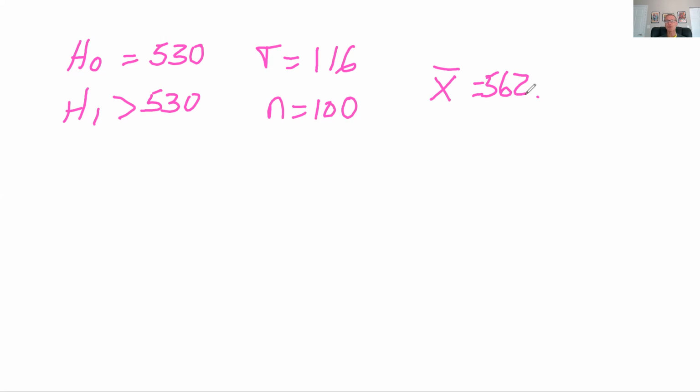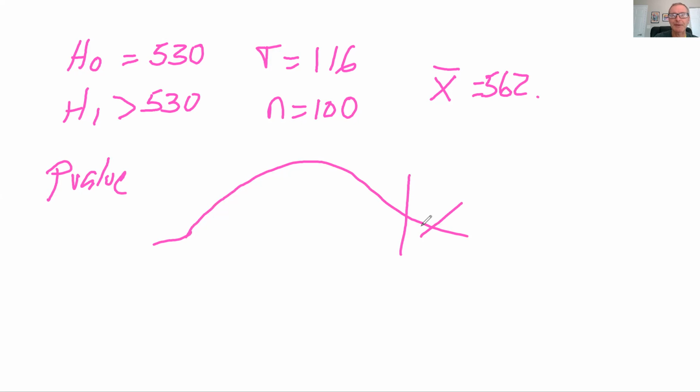And you saw that it was much greater, so we rejected the null hypothesis. So the idea is similar, but now we want to calculate a p-value. And we're going to be calculating this p-value here because it's a right tail test. So how do we calculate that p-value?